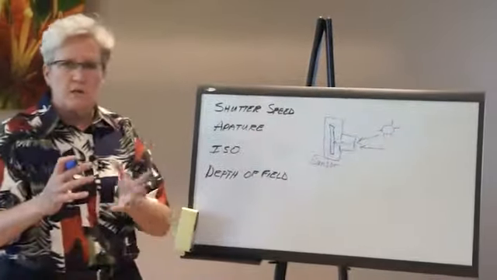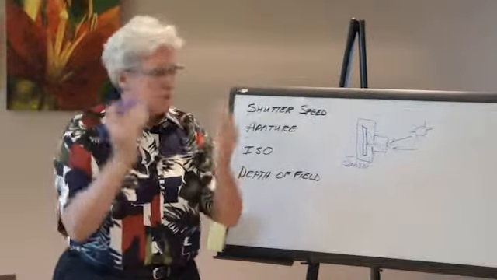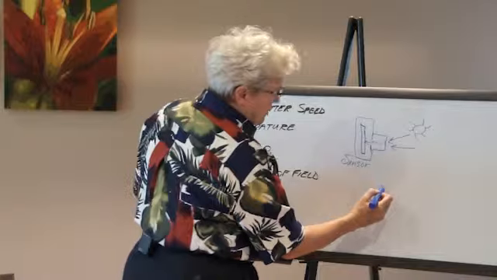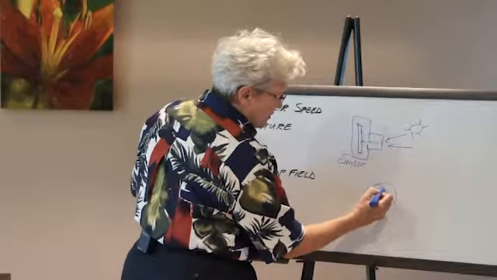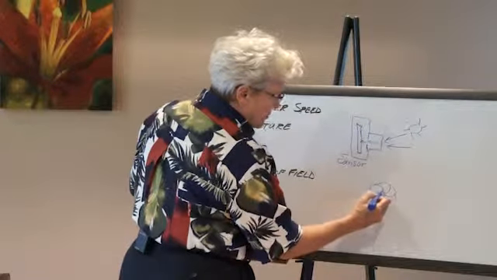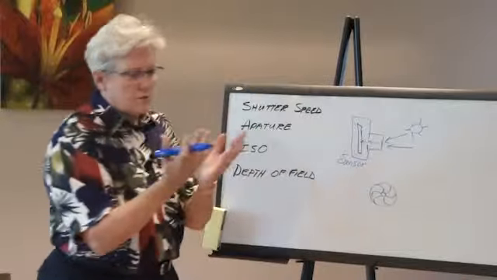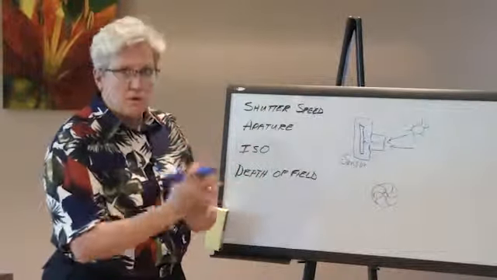So if you can kind of get that concept, it's just how fast that thing closes. And if you look on the front of your camera, sometimes you can see something that'll look like this. And that's called the shutter. It'll be kind of in a rounded thing, and those leaves just slide past each other and open and close.